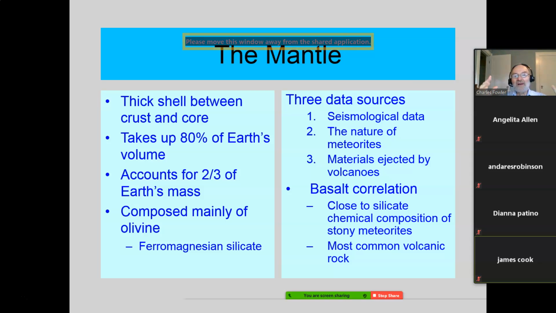Some of the things that come out are solids, the rocks that have been picked up. Those are the ones close in chemical composition to the stony meteorites. Not the lava when it's hardened. That's what makes basalts, okay? So the most common volcanic rock is basalts. That's when the lava hardens, the magma hardens.